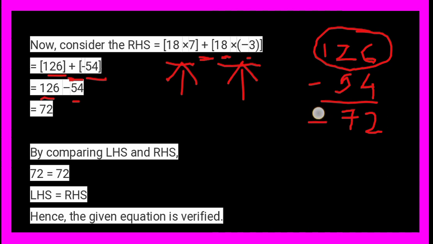So it is positive. So here we get positive 72. And now we have the left hand side and right hand side equal, and we can say that this equation is verified because both the sides are equal. Now we solve the next.